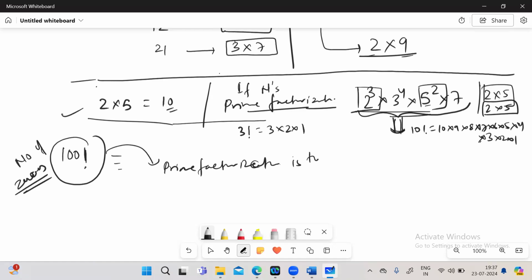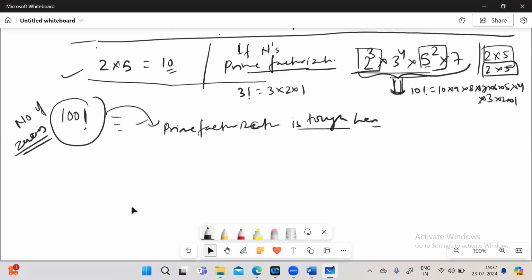Basically, I cannot easily prime factorize it. Prime factorization is tough here. You cannot easily prime factorize this number. Then what should we do now? I know that even if we do the prime factorization, the only thing that matters is the power of 2 and power of 5, and whichever is less, will determine how many zeros will be there.